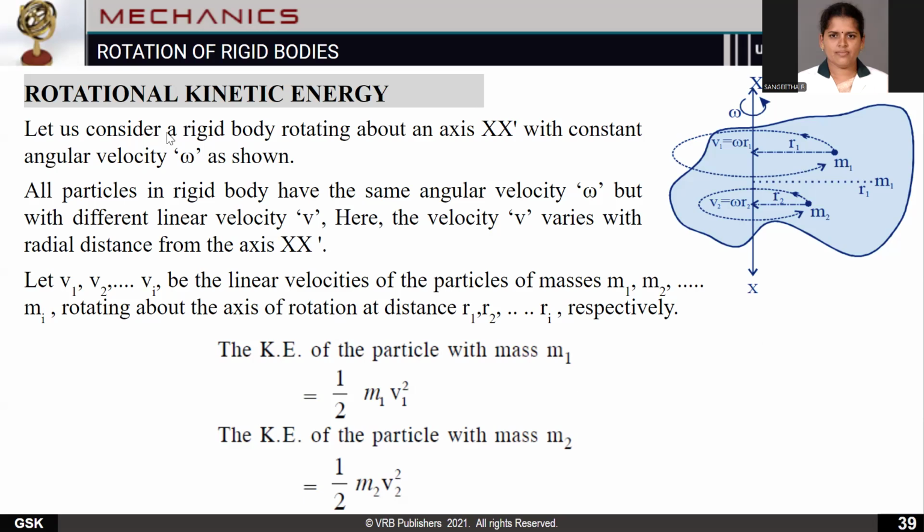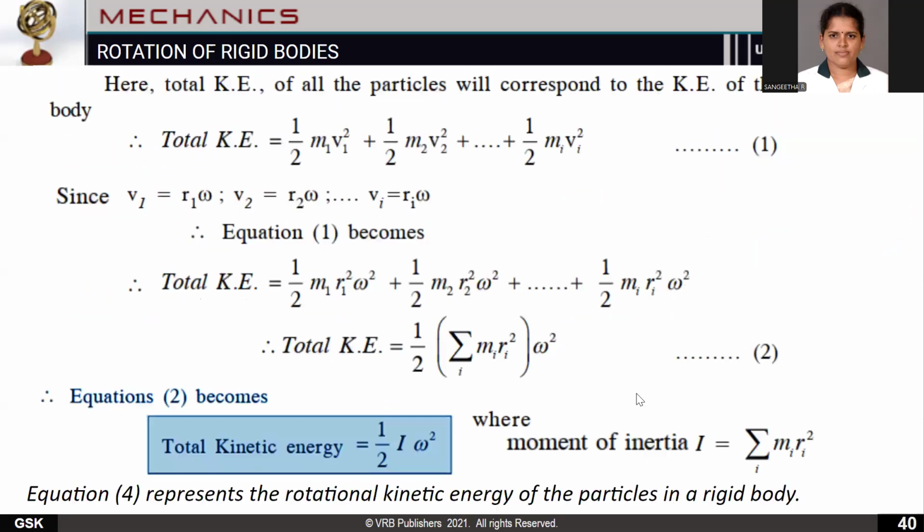So this is the velocity we know, and we know the radius. What is the kinetic energy formula? We all know that it is half mv square. So the kinetic energy of particle 1 with mass m1 is half m1 v1 square, and the kinetic energy of the particle with mass m2 is half m2 v2 square.